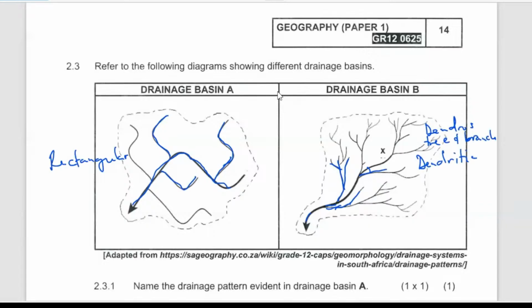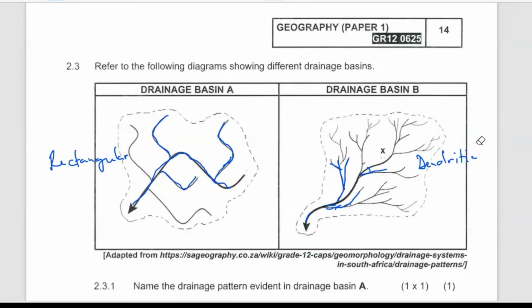This pattern resembles a tree and its branches: if this was the stem of the tree, these are the branches and sub-branches. Dendros is a Greek word, and that is where our term dendritic was derived from. So those are our two patterns.